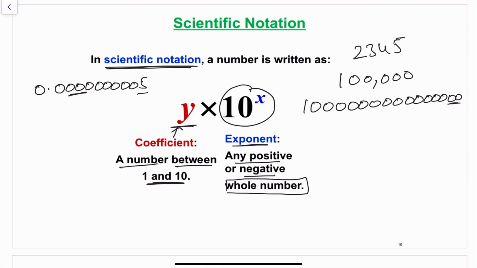For example, 1.5 times 10 to the power 4. This is a type of scientific notation. This we call the coefficient, or sometimes we call the coefficient a decimal number too.